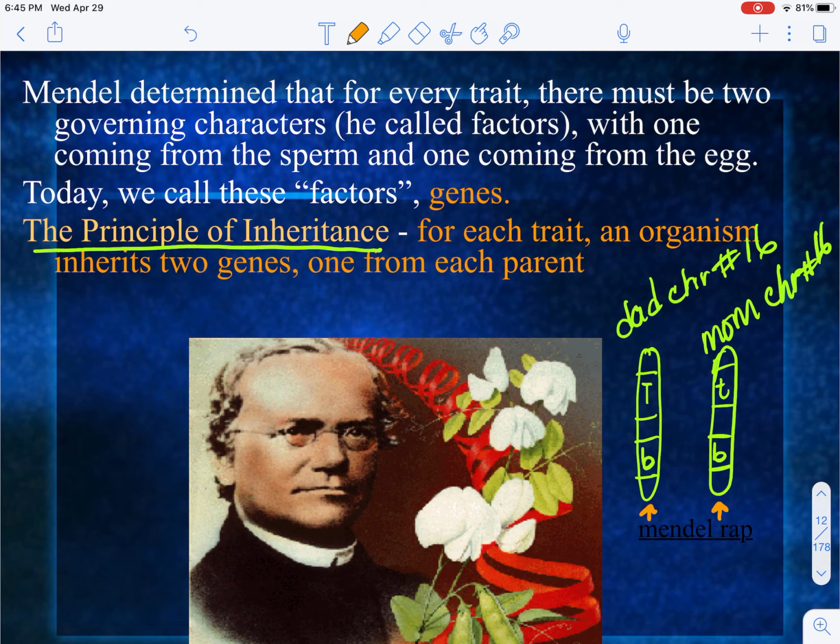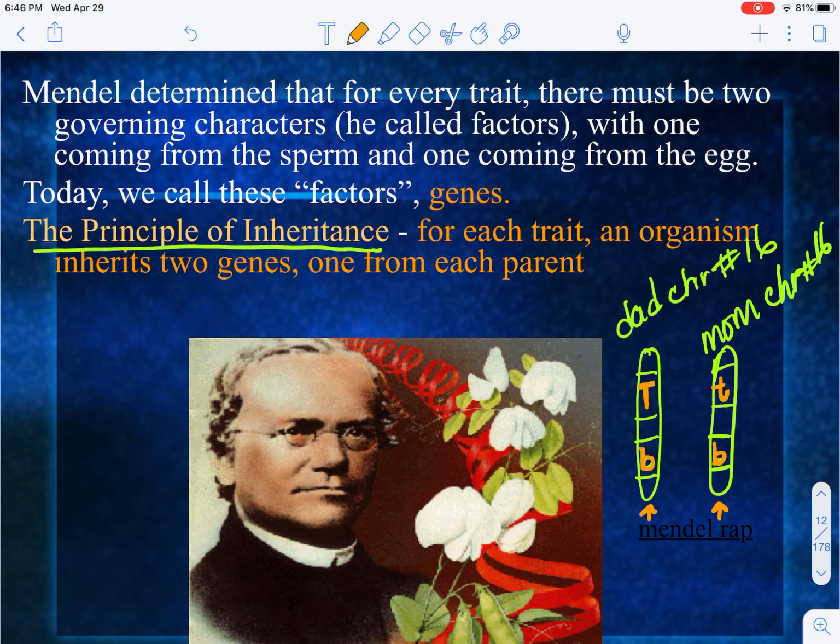You have two copies of each chromosome in every nucleus of every cell, and on that chromosome will be a particular gene. For example, for tall, on dad's chromosome you might have gotten the tall gene, and on mom's you might have gotten the short gene. So it's for the same trait, but it may not be the exact same version of that trait that is contained in your pair of chromosomes for number 16.